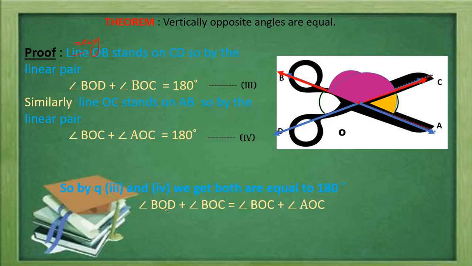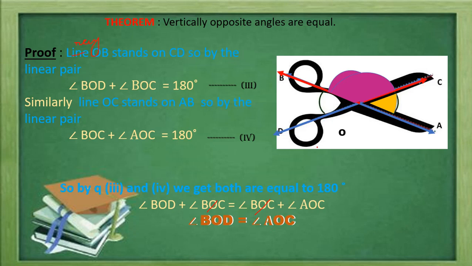Again, here angle BOC is on both the sides. So, if equals are subtracted from equals, the remainders are equal. Using this axiom, we can say that now angle BOD is equal to angle AOC.